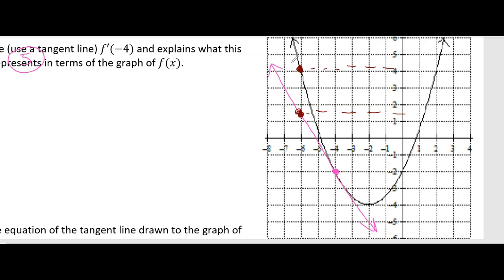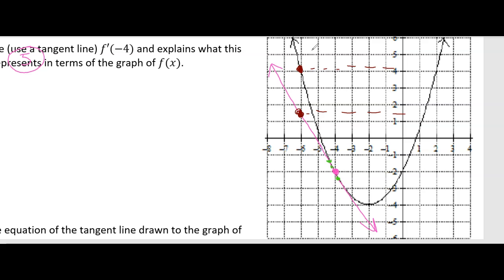But if I choose a point that's very, very close to the point of tangency, right? If I choose a point that's right here in green, that point is basically on the original function, right? It's very, very close to the value of the original function. And it gets even better as you get closer and closer to the point of tangency from either side.